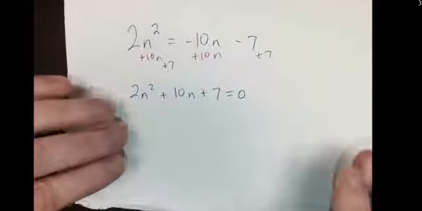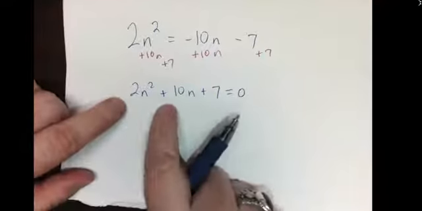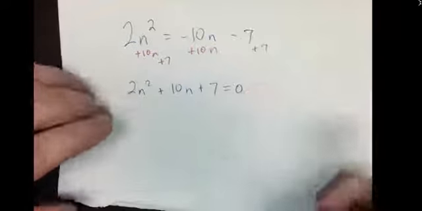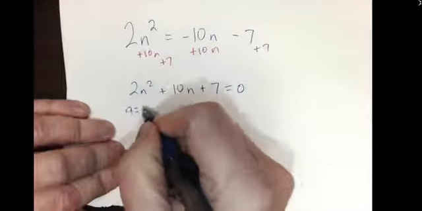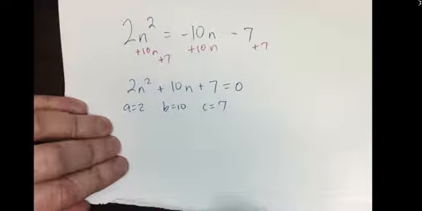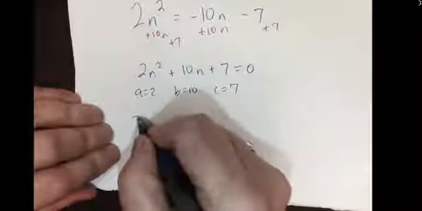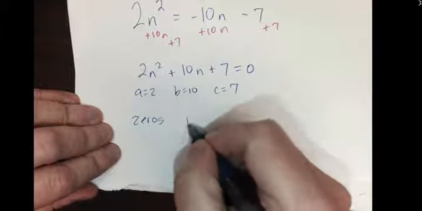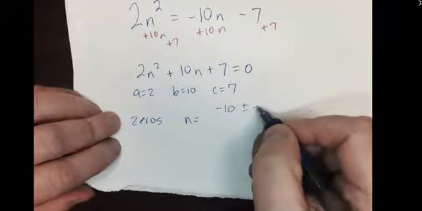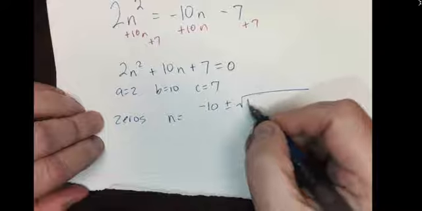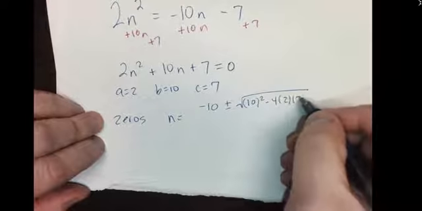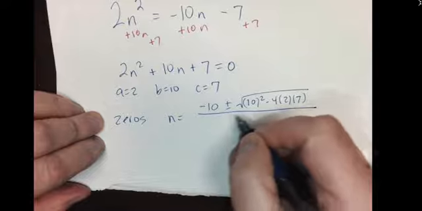Now I can use the quadratic formula to solve this. What are the zeros? What values of n will make that formula equal to 0? Well, a is going to be 2, b is going to be 10, and c is going to be 7. So the zeros of this are going to be n is equal to negative b plus or minus the square root of b squared minus 4 times a times c all over 2 times a.